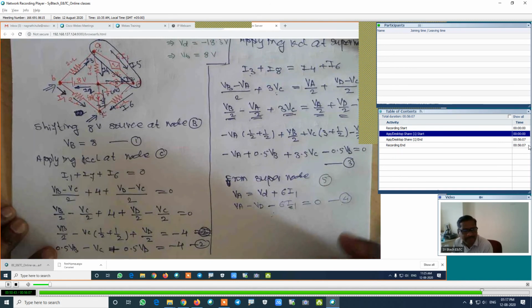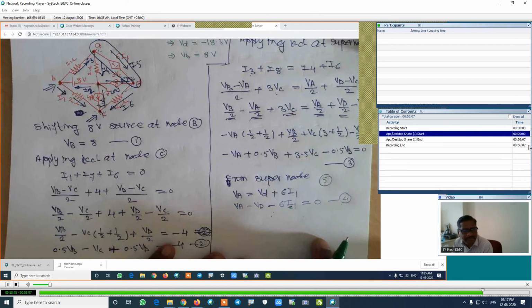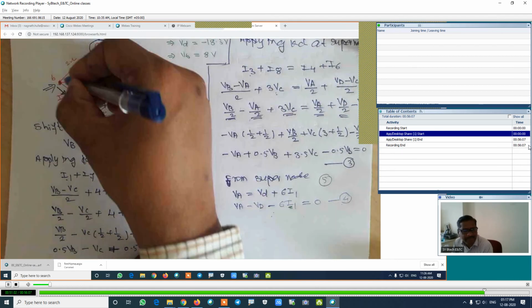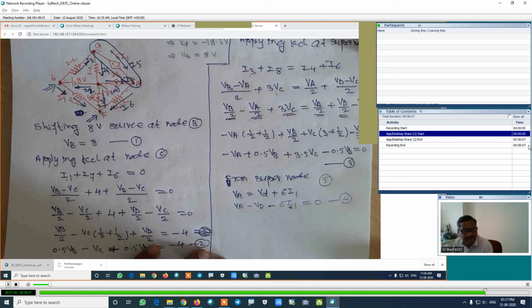Now, another equation can be obtained by calculating I1 in terms of VA, VB, VC, VD, or in terms of a combination of all. Now I will find I1 directly. I1 is this current.